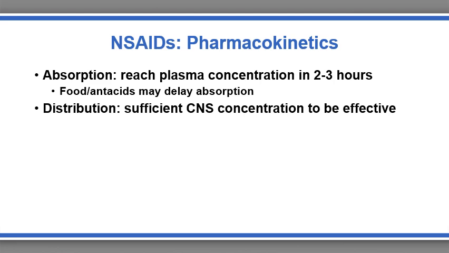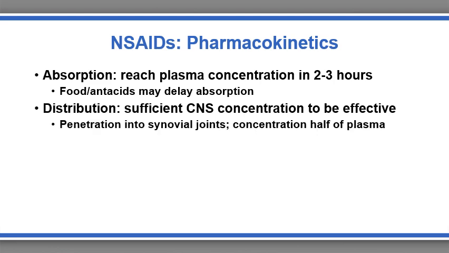They're also widely distributed, so they'll penetrate the synovial joints, typically yielding synovial fluid concentrations in the range of half of the plasma concentration. That allows them to reduce inflammation at the joints.